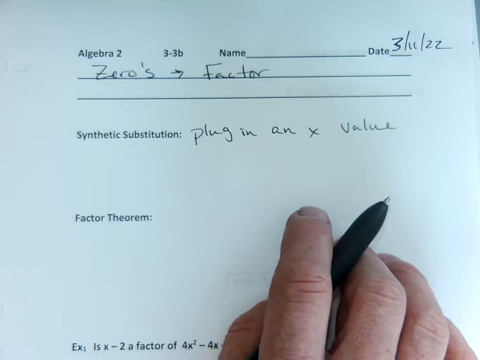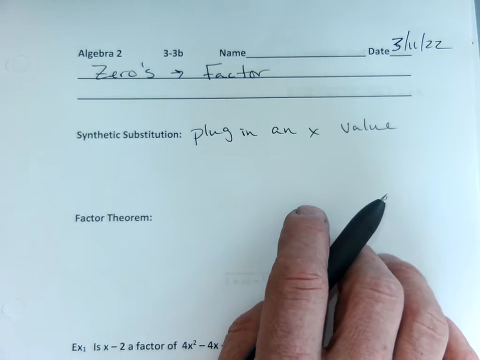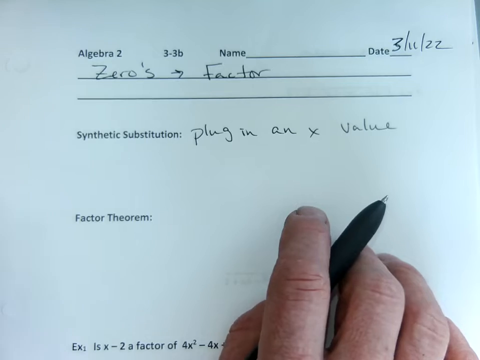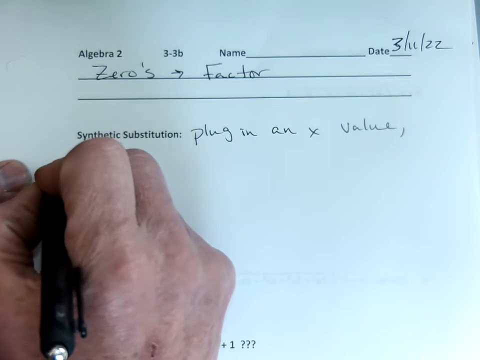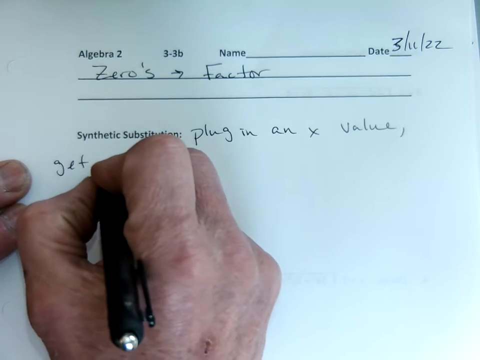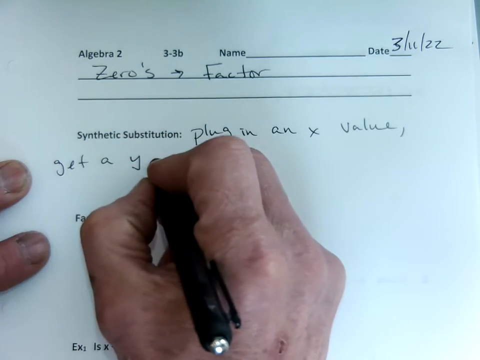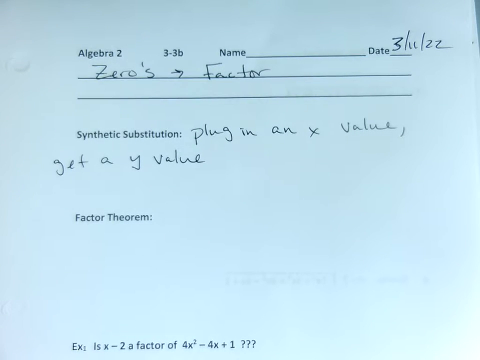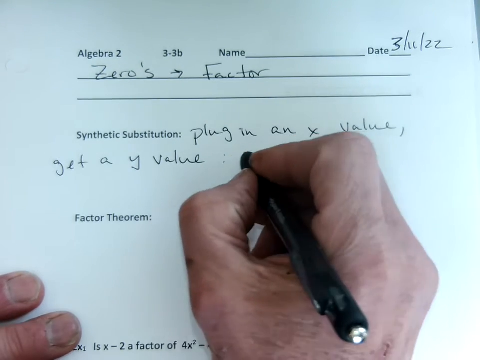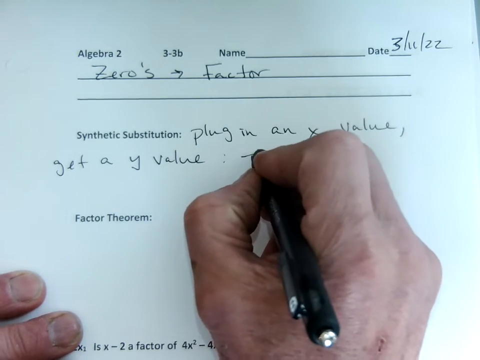And when we plug in an x value, we oftentimes get a y value, correct? Now that's nothing new. We know that. You plug in an x value, you get a y value, right? But more specifically in division, it will be the remainder.